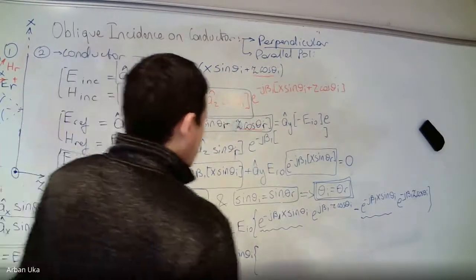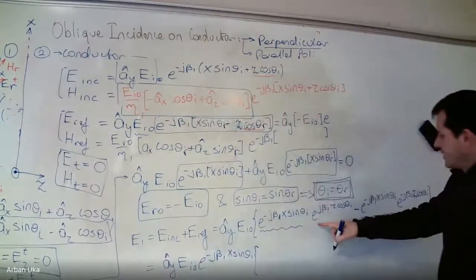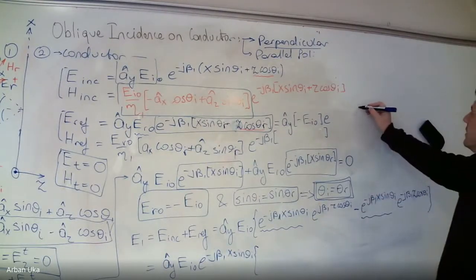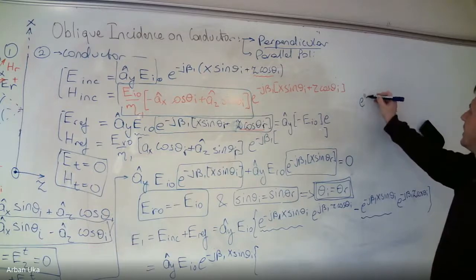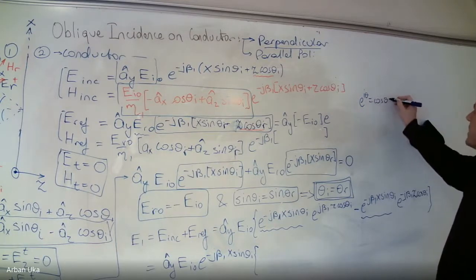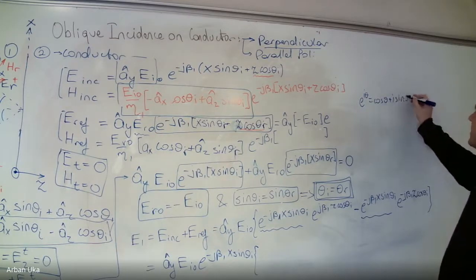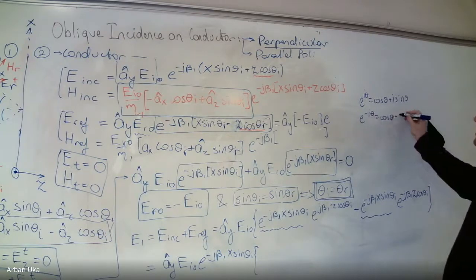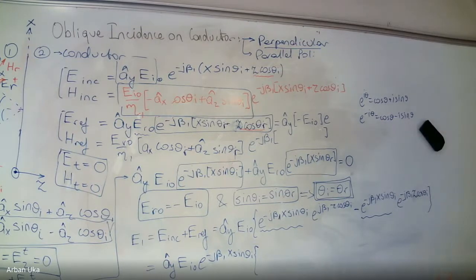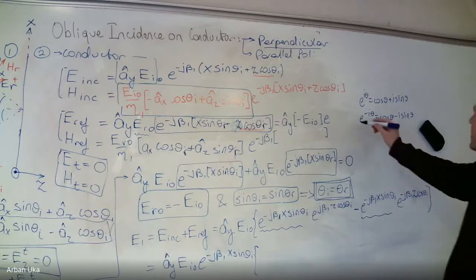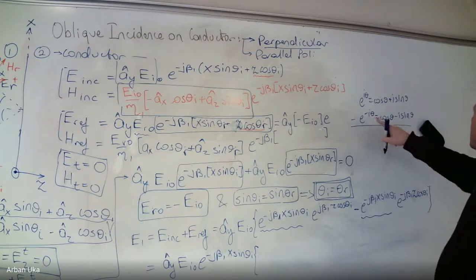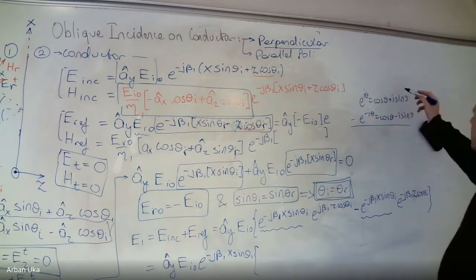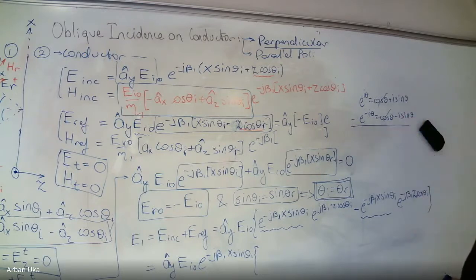Now we can simply, what we see here is that we have e to the power i theta, this is equal to cosine theta plus i sine theta, e to the power minus i theta, this is cosine theta minus i sine theta. Now I always write this on the board because I always confuse these. So if we subtract these two terms, what happens is that we lose the cosines, okay?